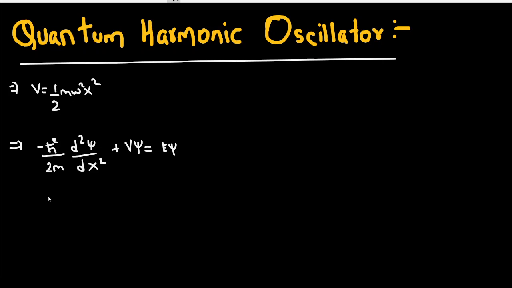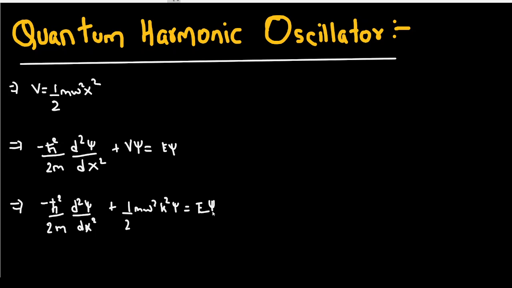Plugging in the potential, we get minus h-bar squared divided by 2m, d squared psi by dx squared, plus one half m omega squared x squared psi, equals E psi. This is what our equation becomes, and we have to solve it.